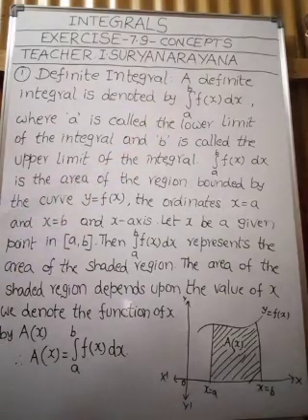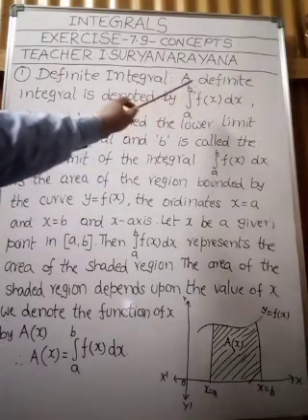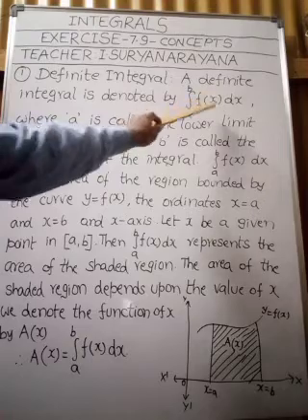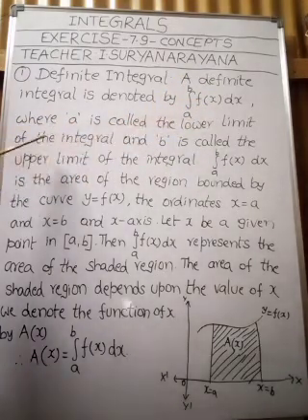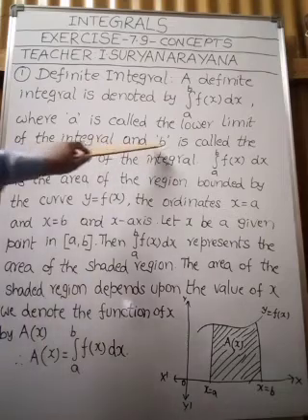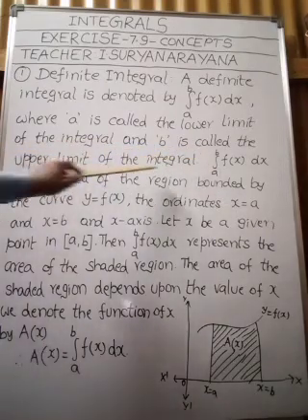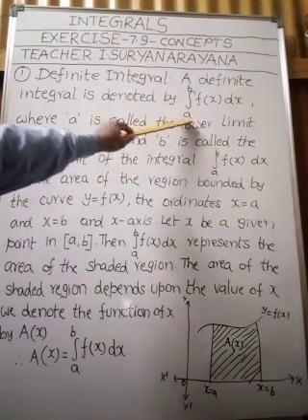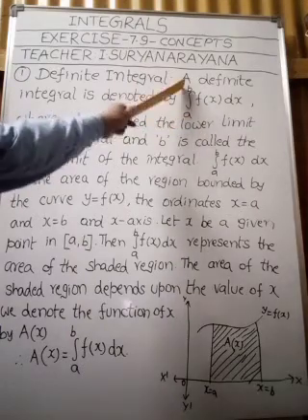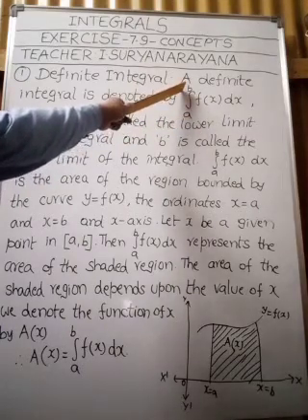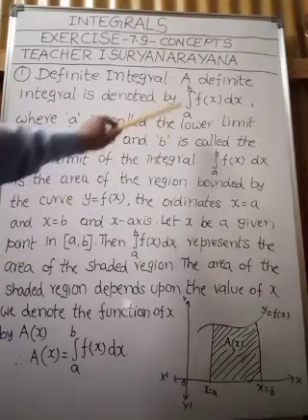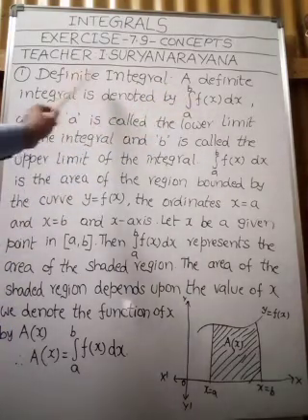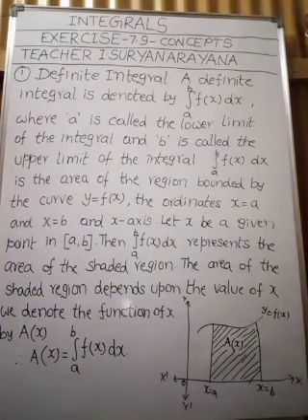This notation denotes the definite integral of the function f of x, where a is called the lower limit of the integral and b, the upper number, is called the upper limit of the integral. This is about the notation of the definite integral of a given function. Understood this point?